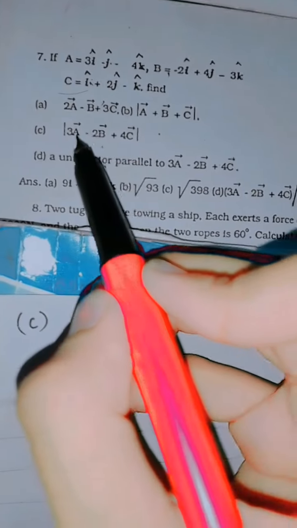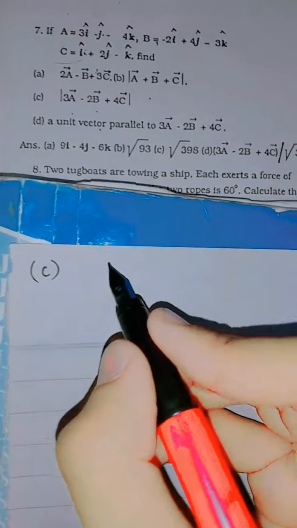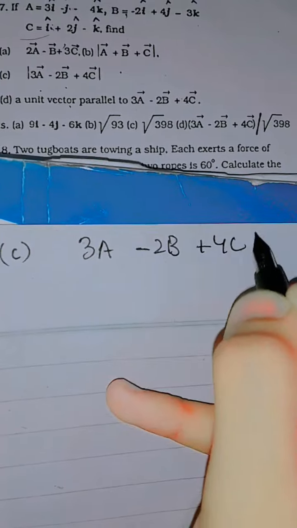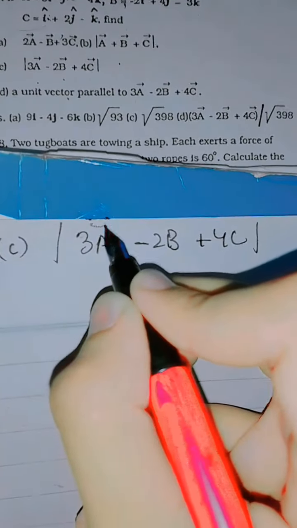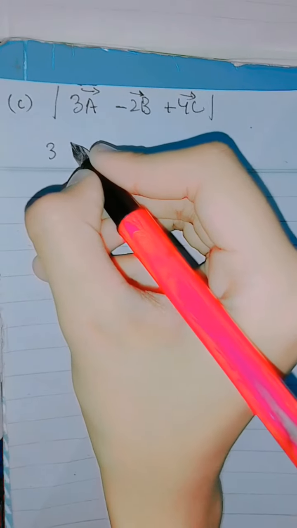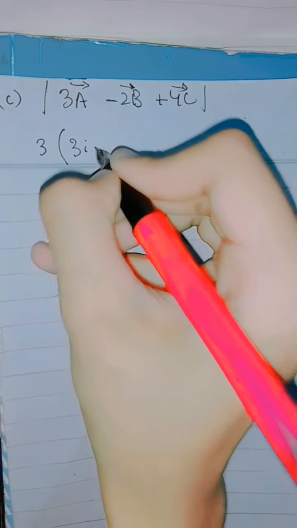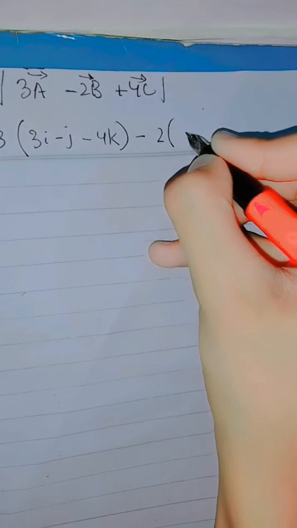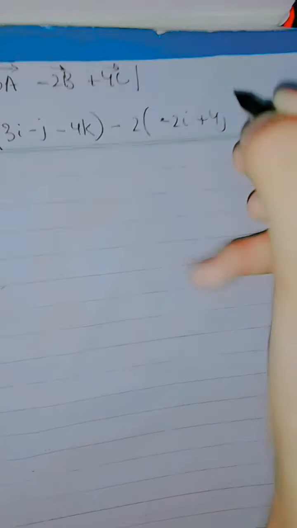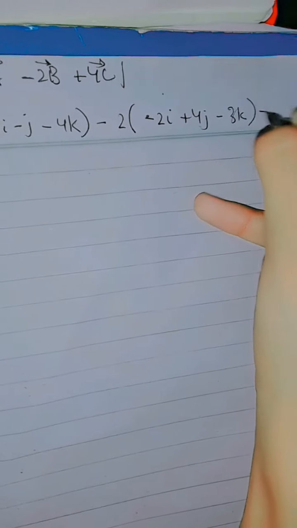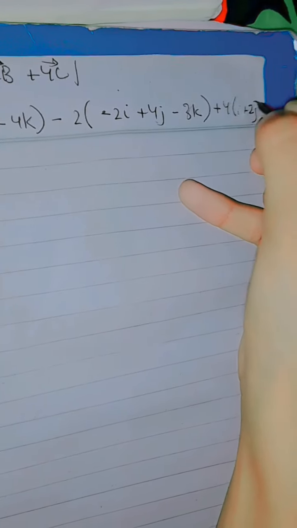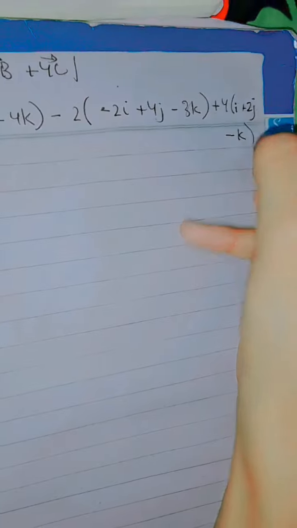Now part C is 3a minus 2b plus 4c. We have to find the magnitude of 3a minus 2b plus 4c. The value of a will be 3i minus j minus 4k. Then minus 2, the b value is minus 2i plus 4j minus 3k, plus 4, the c value will be i plus 2j minus k.